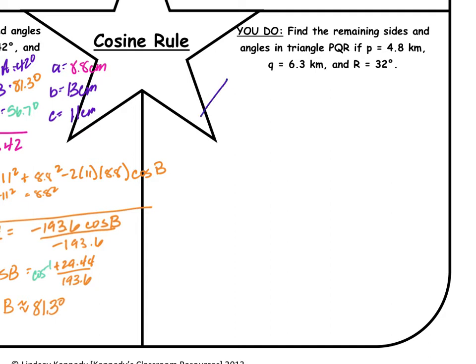So I've got a triangle, not A, B, and C this time, but P, Q, and R. P is 4.8 kilometers, and Q is 6.3 kilometers, and R is 32 degrees.